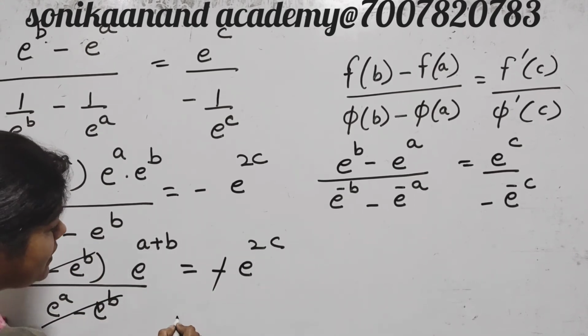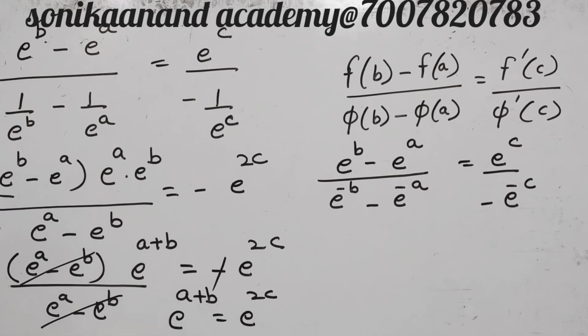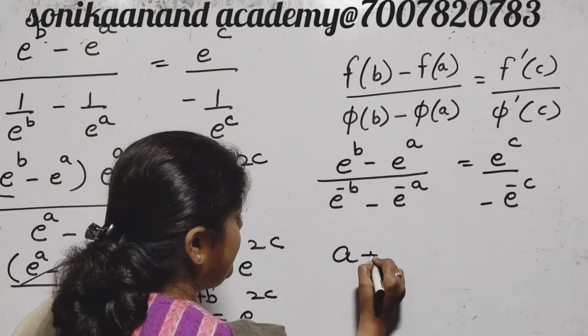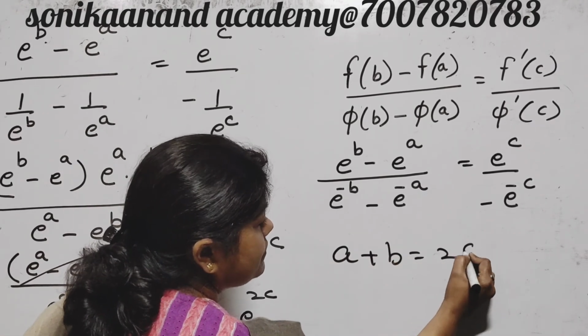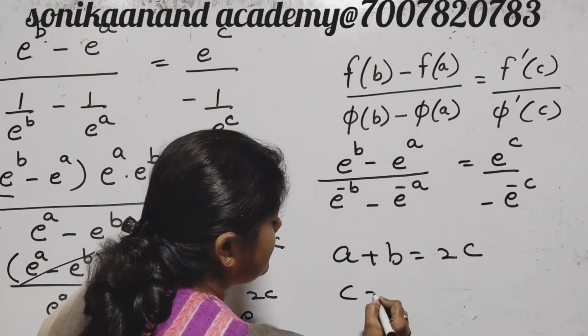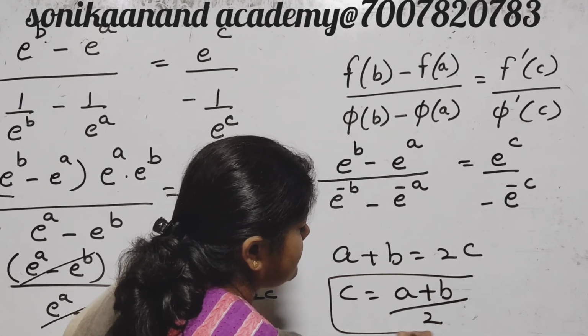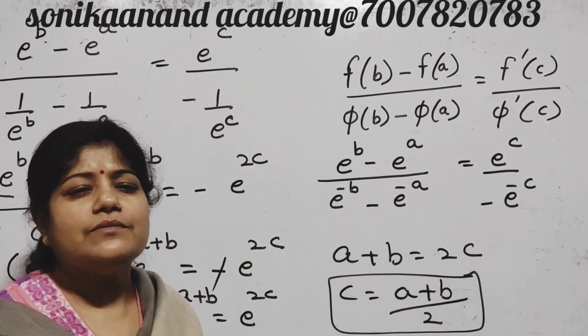So we are left with e to the power a plus b is equal to e to the power 2c. When we compare, we get a plus b is equal to 2c. So we can easily observe that c is the arithmetic mean of both the limits.